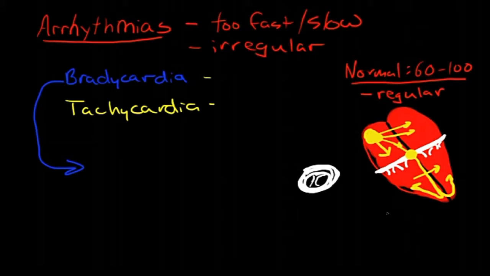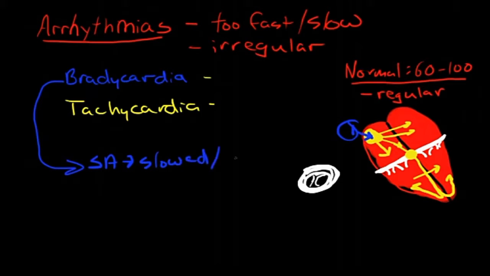So there are two things that can cause bradycardia. Number one is the SA node is either slowed or not generating action potential at all, so absent action potential. Why is it slowed?